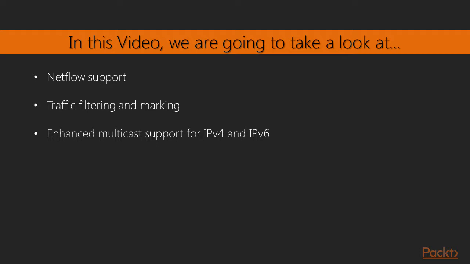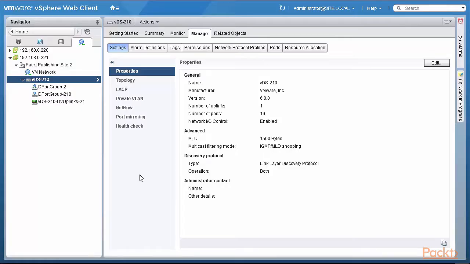Let's now move to the really excellent support that the vSphere distributed switch has for multicast in version 6. So to understand the enhanced multicast support for IPv4 and IPv6, we are back at the vSphere web client. But just like we did for traffic filtering and marking, before we proceed to understand how to configure it, which is actually a very simple matter, let's understand why it needs to be done.